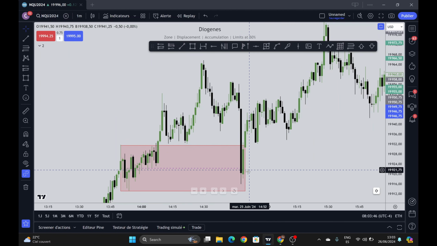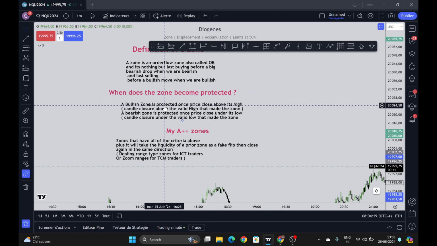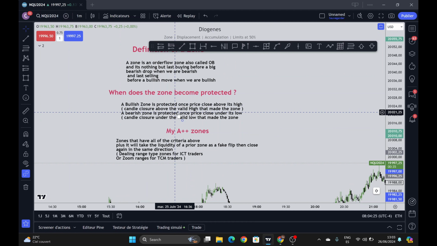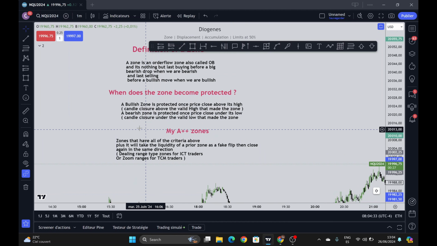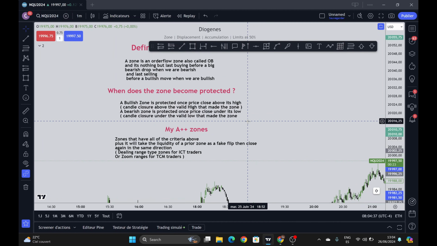Okay, so number 3, when does the zone become protected? So a bullish zone is protected once price closes above its high. So we need and demand a candle closure above the valid high that made the zone. A bearish zone is protected once price closes under its low. So the candle closure under the valid low that made the zone is needed.